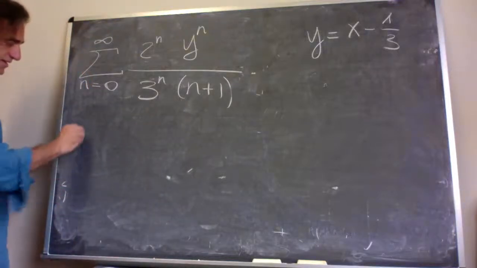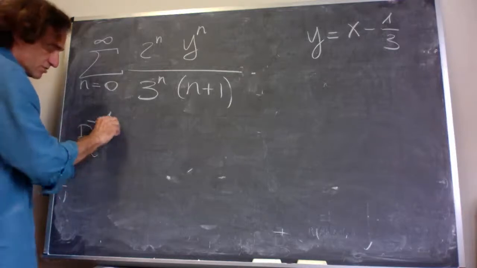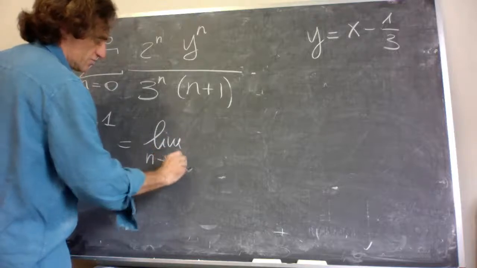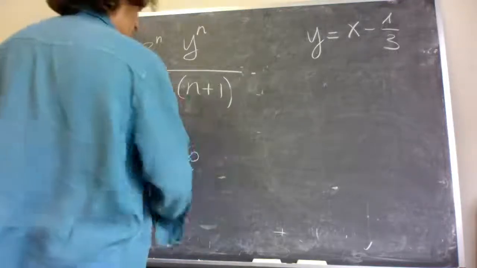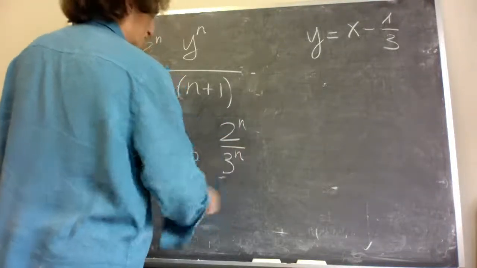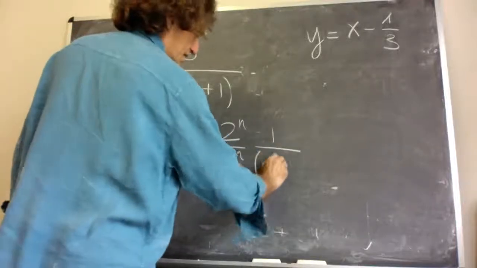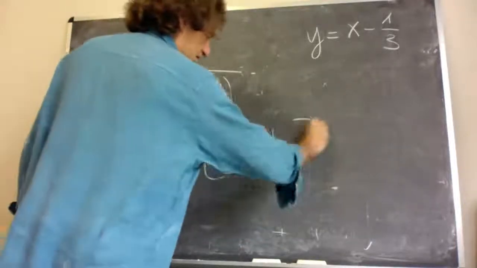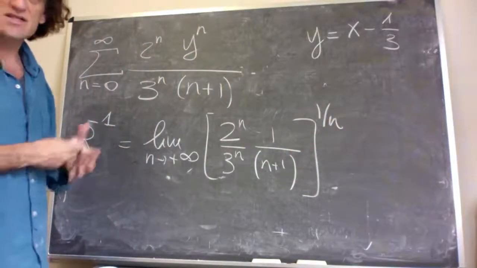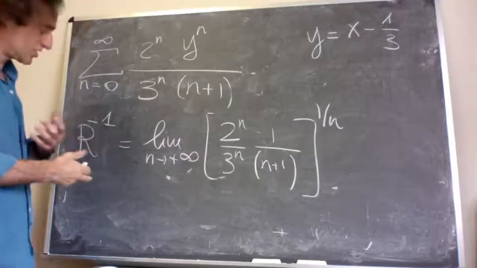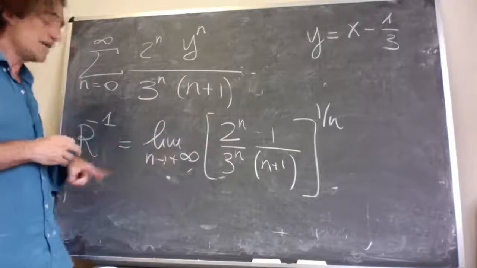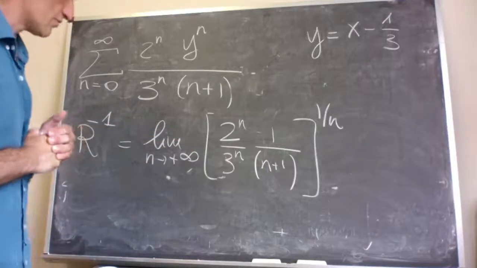So remember that R to the minus 1 is the limit for n going to plus infinity of 2 to the n over 3 to the n, 1 over n plus 1 to the power 1 over n, provided this limit exists. Okay, this is a simplified computation for the radius of convergence. Provided that this limit exists, this is the inverse of the radius of convergence.